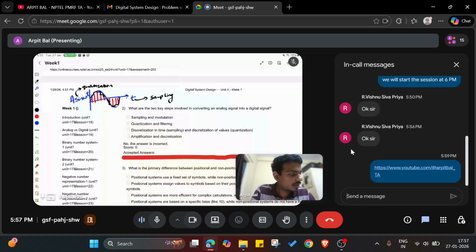And quantization means the signal is allowed to occupy only some particular set of values, right? So the answer to question number 2 is discretization in time and discretization of values. So option 3 is correct.